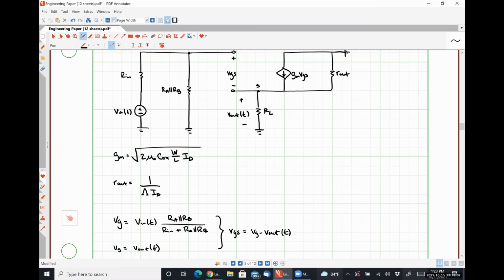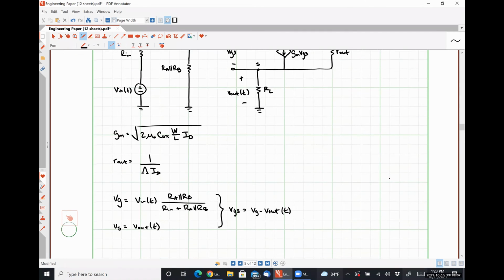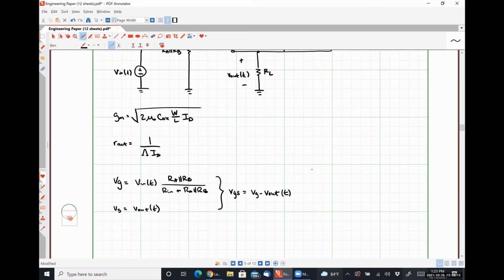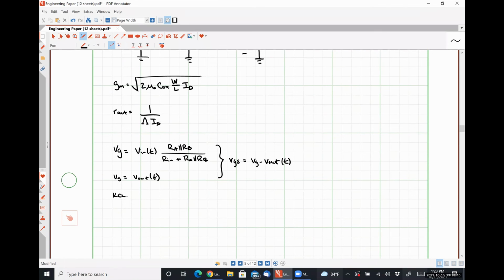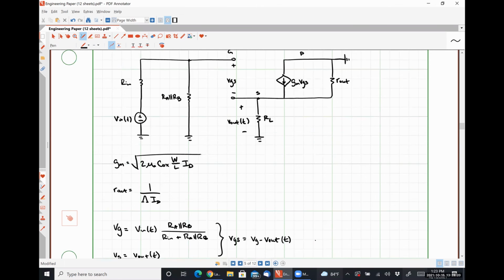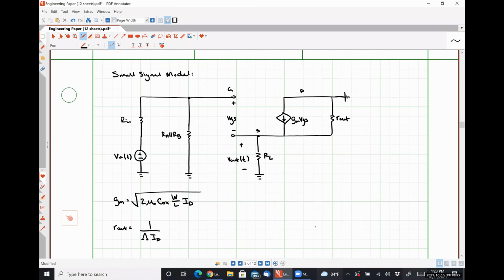So if we do KCL at our output node, up here, what we are going to have is this current plus this current plus this current added together equals 0, right?